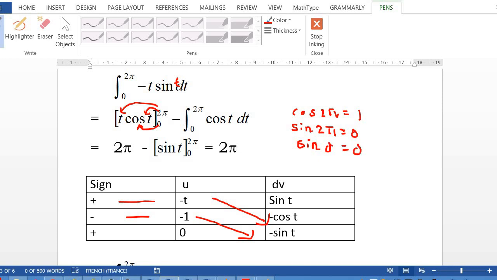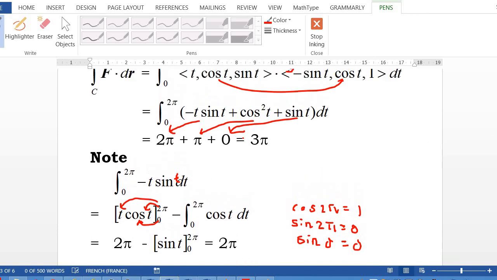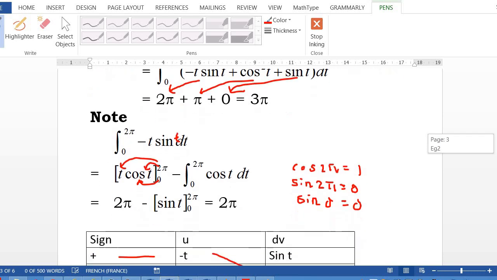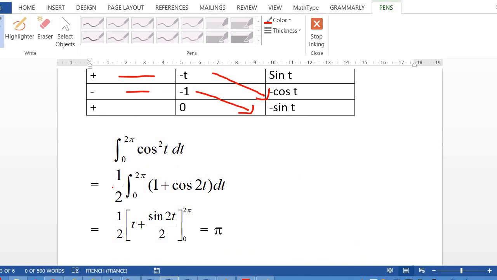That's why for the integral of negative t sin t we get the answer 2 pi. And then for the integral of cos squared t, we change it to half of 1 plus cos 2t.